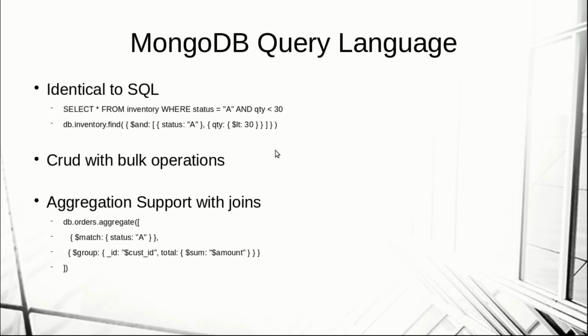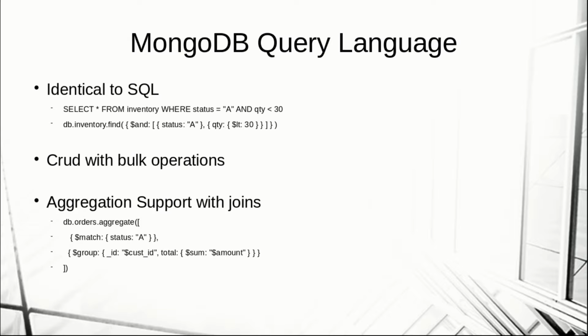Now let's see how the MongoDB query language is implemented. The MongoDB query language is versatile, robust and flexible. If you are moving from the relational world to the MongoDB document-oriented world, it is very easy to migrate. MongoDB has provided a very easy to use platform to write queries.